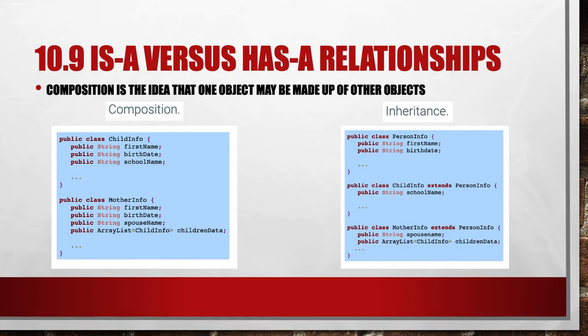The mother info class is made up of first name and children name, whereas the child info would be a has-a relationship.